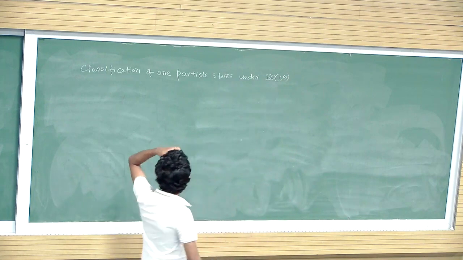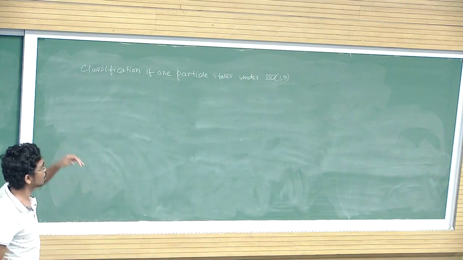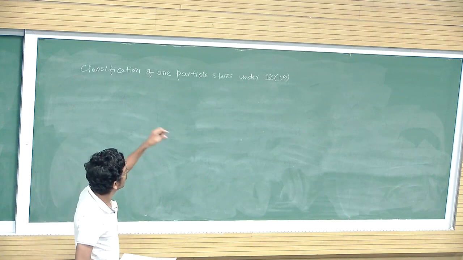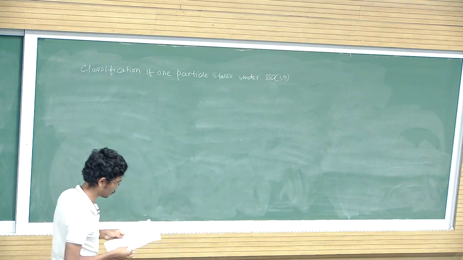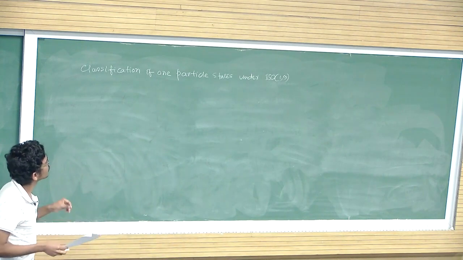This is something called the classification of one particle states under the Poincare group, which is the ISO(3,1) inhomogeneous Lorentz group. Why are these one particle states important?